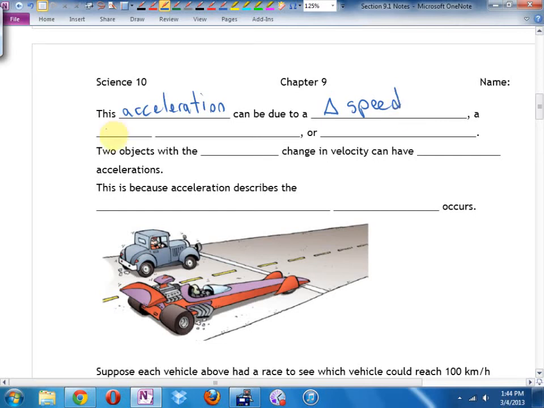Or it can be due to a change in direction, or both. Both is pretty tough. In fact, both really is physics 12. You need some vector math and some trig. Okay.